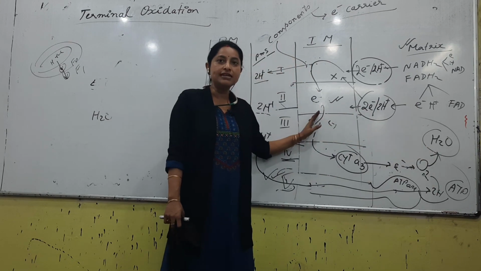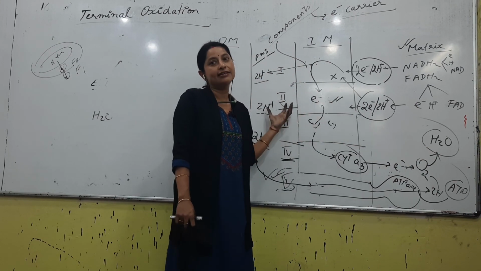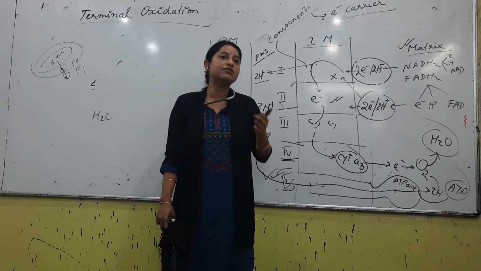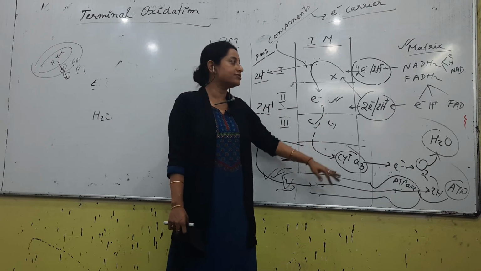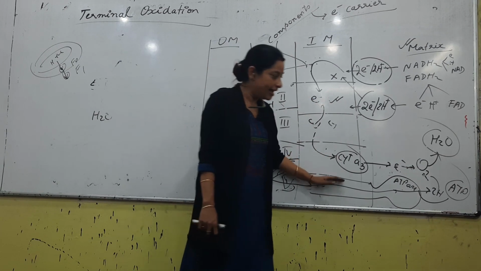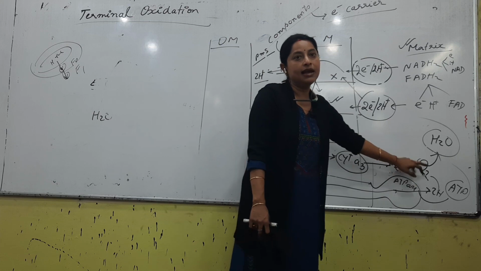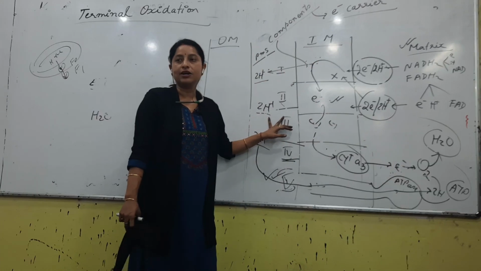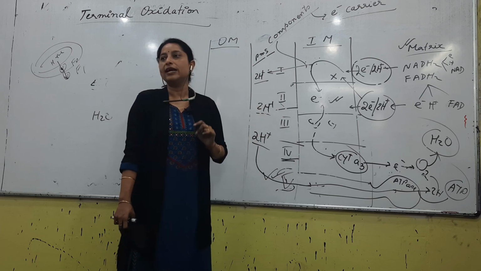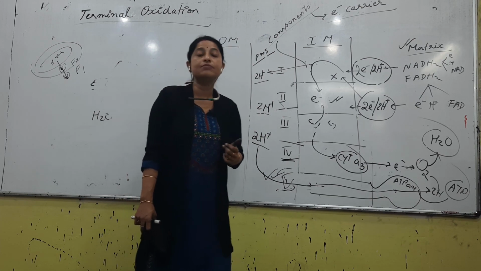As far as the protons are concerned, protons would be pushed out in the journey. NADH2 pushes out 3 pairs of protons. FADH2 starts the journey from the second complex, ultimately goes to the 4th complex and gives the electron to oxygen. How many times will they push out the protons? 2 times, right? And so that will lead to the formation of 2 ATP per FADH2, 3 ATP per NADH2, right?